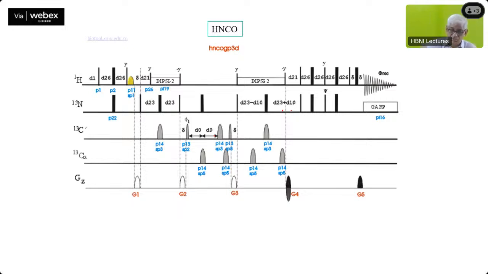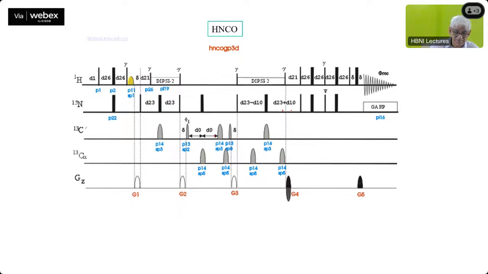But all these sequences are already well described in the NMR spectrometers. Libraries are there for all of this, and you just click a button, choose the pulse sequence, and you have it. But it is important to know how these experiments work, what is to be optimized, which pulse has to be optimized, what is the shaped pulse here.